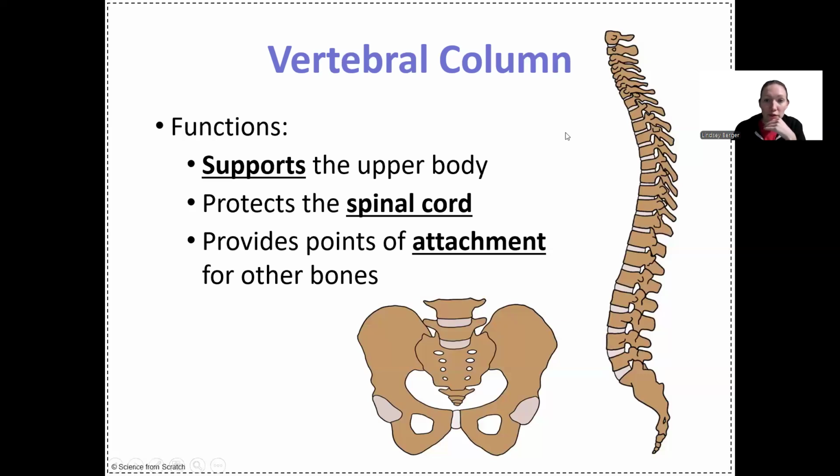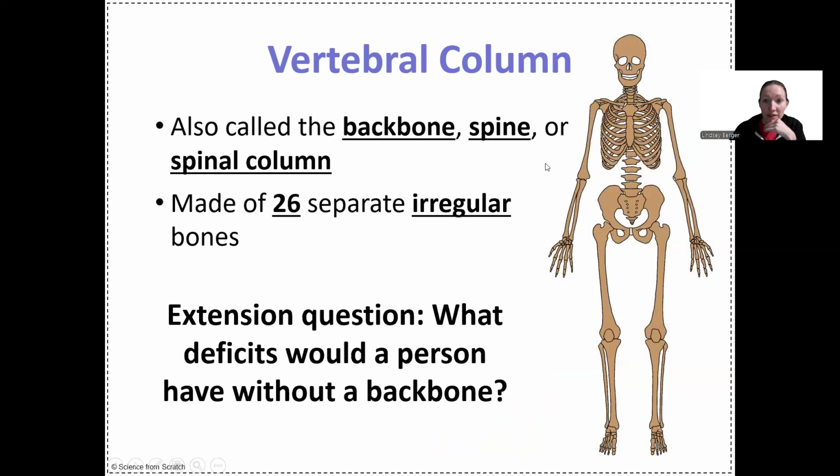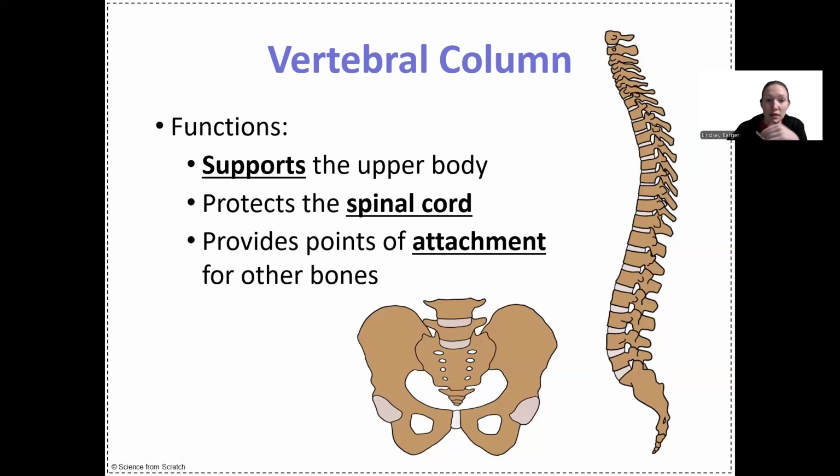Because if you notice from the previous slide, it is a connection point for a lot of different places on your skeletal system. It's obviously protecting that spinal cord. And again, it's providing attachment. So it's not just attaching to your skull, it's also attaching to your pelvic girdle. Your arms help connect to all this. It's attaching to everything, right? It's one of the main things on your body.